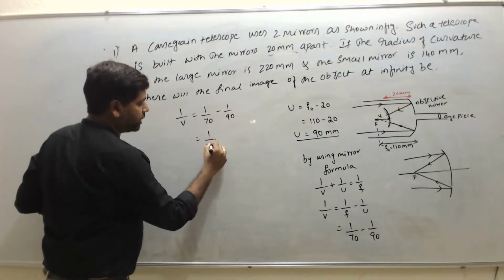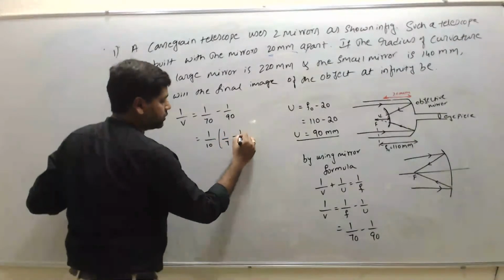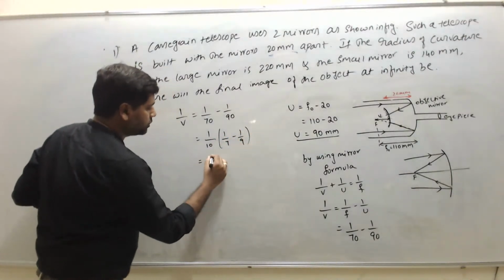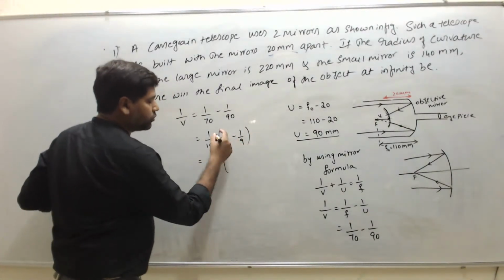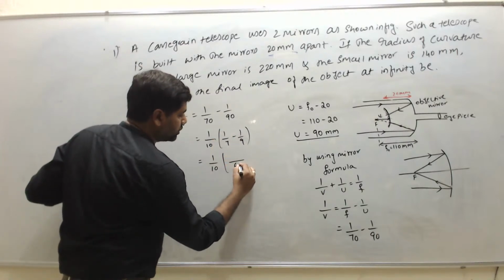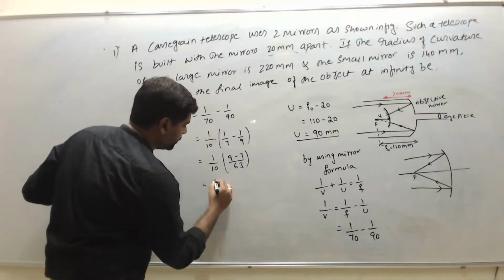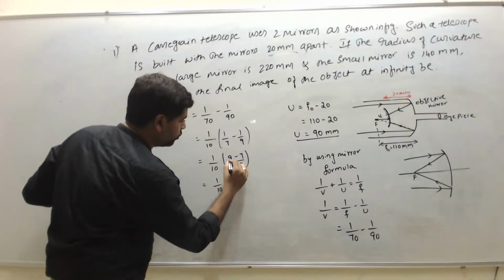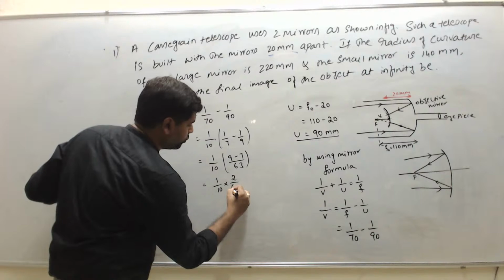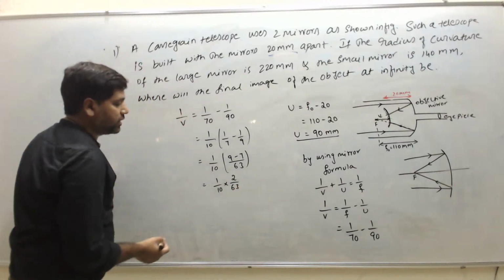I will take 1 by 10 as common: 1 by 7 minus 1 by 9. If I take the LCM, it becomes 63. 9 minus 7. 1 by 10 into (9 minus 7) divided by 63, which is 2 divided by 63.